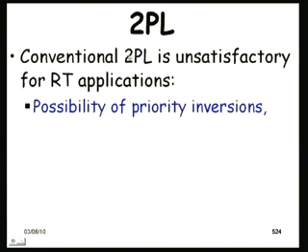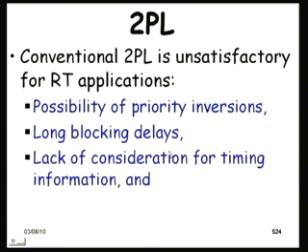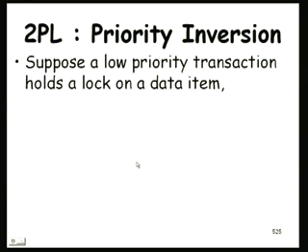This is a very popular protocol in the traditional databases, but is unsatisfactory for real time applications because of the possibility of priority inversions, long blocking delays, lack of consideration for timing information, and deadlocks. These are some of the problems with 2PL as far as real time applications are concerned. Now, let us see the priority inversion. How does it occur in 2PL?